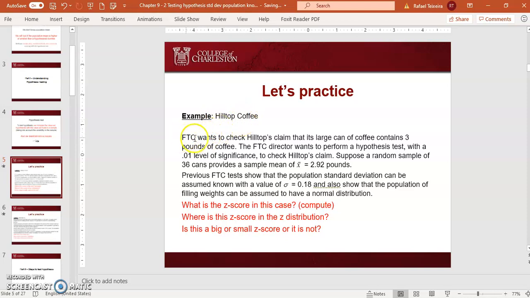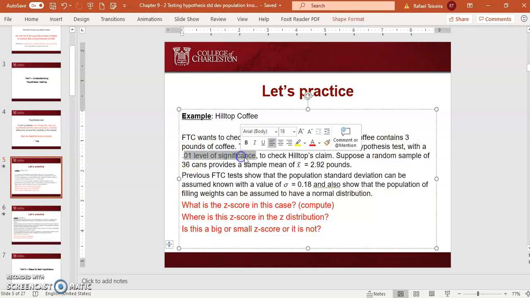Hilltop Coffee. The FTC wants to check Hilltop's claim that its large can of coffee contains 3 pounds of coffee. So this company says my coffee has at least 3 pounds of coffee. The FTC director wants to perform a hypothesis test with a 0.01 level of significance. Remember that's our alpha.